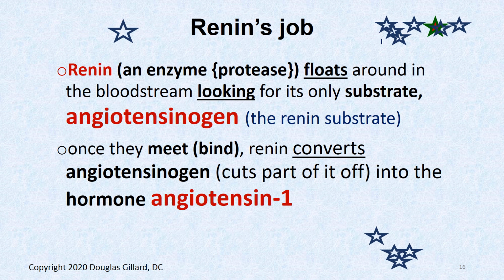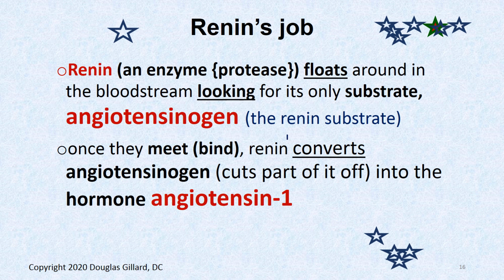What does renin do? Well, it's a protease, so it goes into the blood looking for its substrate, or its mate. It wants to bind to somebody. That's the substrate. And its substrate happens to be something called angiotensinogen, which is a proenzyme. The gen means that it's an inactive form of an enzyme.